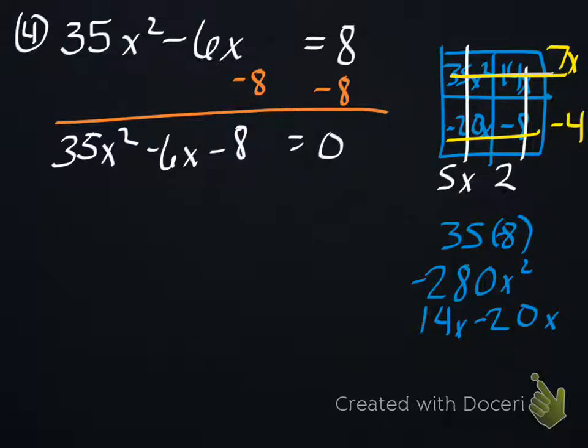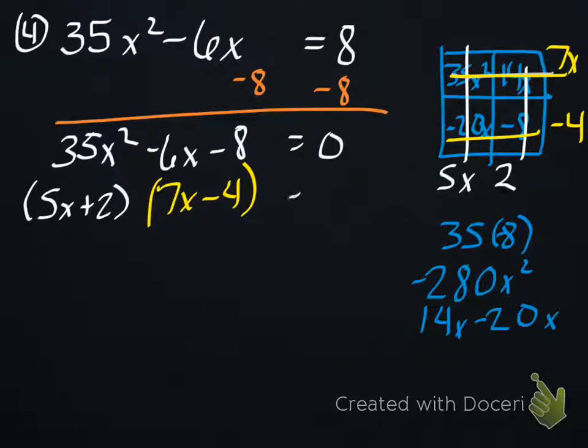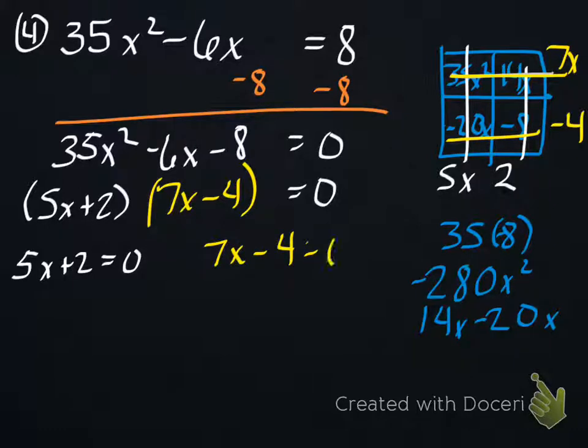And so our two factors are 5x plus 2 and 7x minus 4. And then you're going to say each of those equal to 0 and solve. So 5x plus 2 equals 0 and 7x minus 4 equals 0.